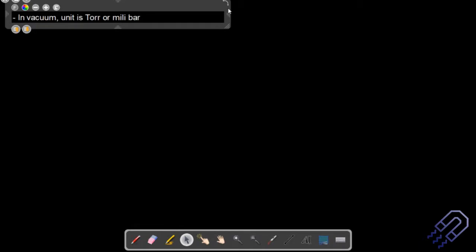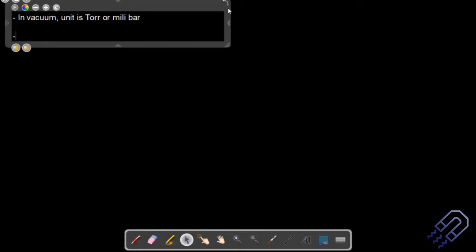Bar, you already know, is 1.013 into 10 to the power 5 Newton per meter square, and you can convert it accordingly to get millibar. Millibar is much smaller compared to the standard atmospheric pressure that we have.